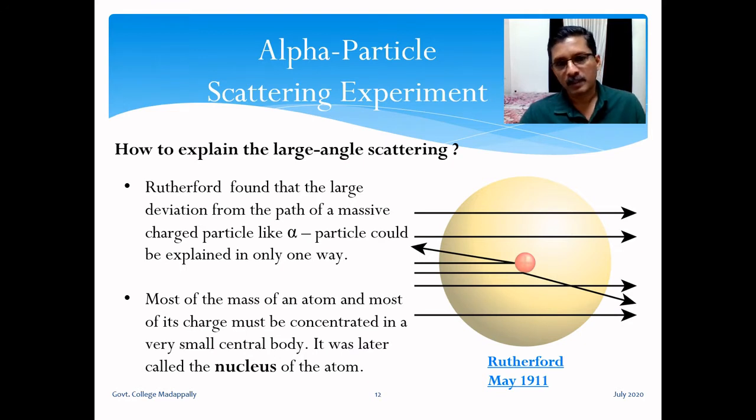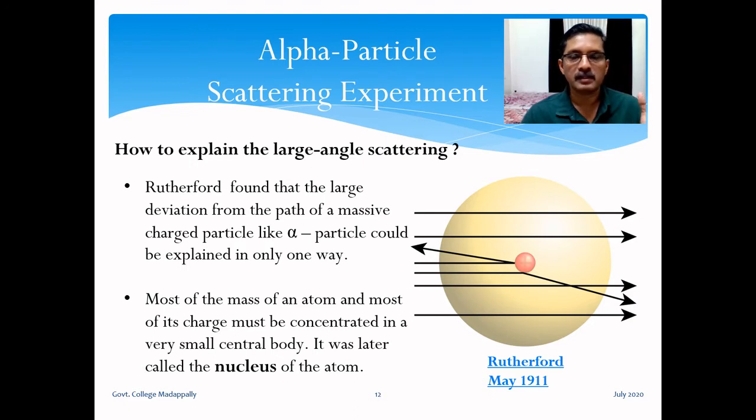Now, Rutherford found that a large deviation from the path of a massive charged particle like the alpha particle, remember, if it is an ionized helium atom, it has 4 atomic mass units of mass and 2 units of charge.